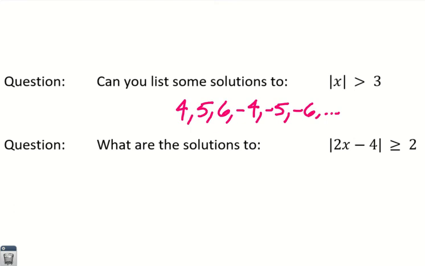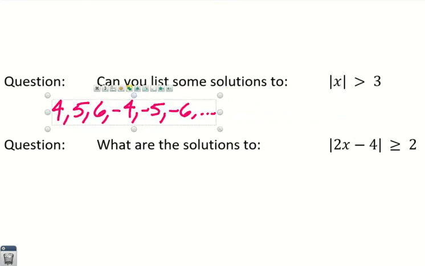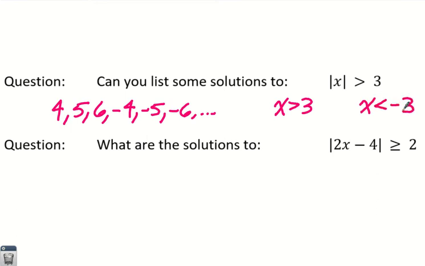In other words, and again, let's cut to the chase. If we're talking about how to describe all the answers, not just these separate integers, like would 3.5 work? Yeah, 3.1, negative 3.0001. Describing all the answers with this whole two cases thing, wouldn't it be x is greater than 3, or you could be less than negative 3.